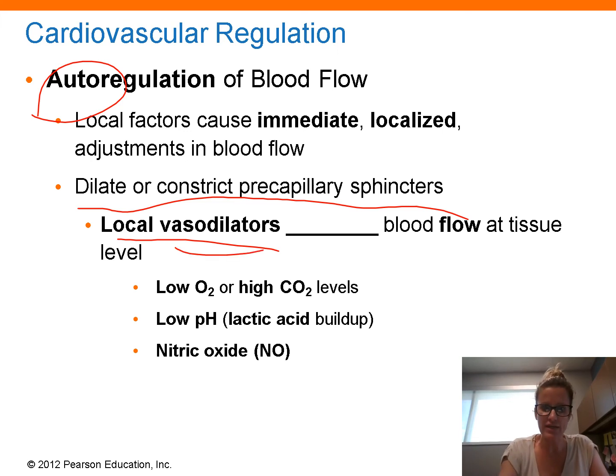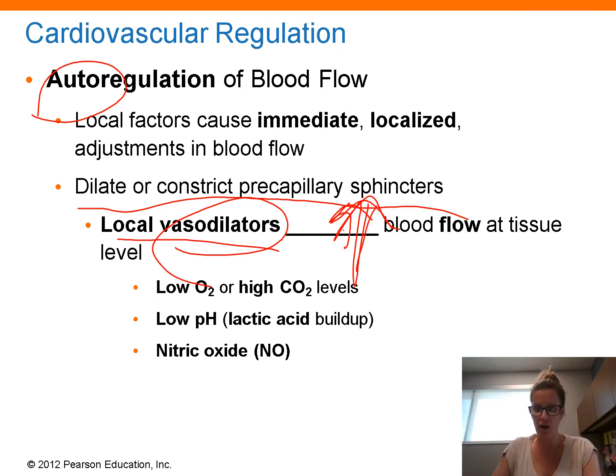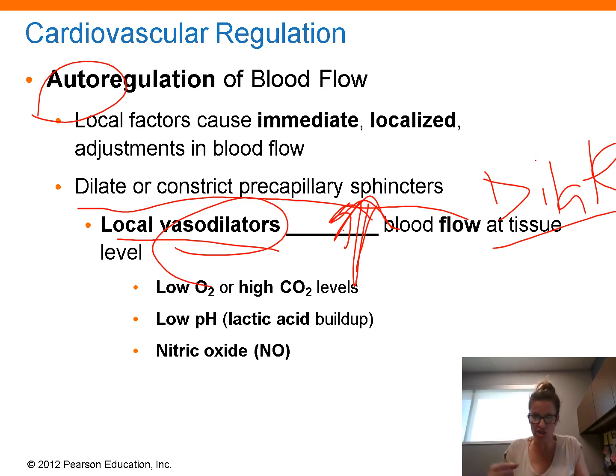Local vasodilators are things that increase blood flow at the tissue level. These are compounds that would cause the precapillary sphincters to dilate. So they cause dilation or opening up of the precapillary sphincter. If the precapillary sphincter relaxes or dilates, more blood flows to that part of the capillary bed, which fixes whatever the problem was.